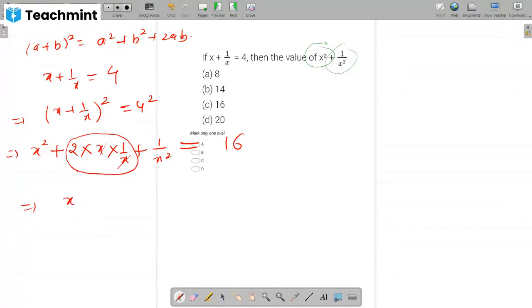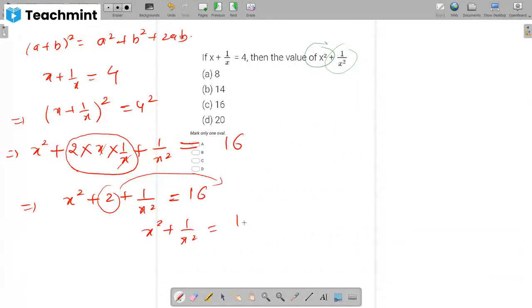So we are left with x square plus 2 plus 1 by x square equals 16. Now we have to find x square plus 1 by x square, so we transpose this 2 here. So x square plus 1 by x square equals 16 minus 2, which is 14. So the correct option is option B, 14.